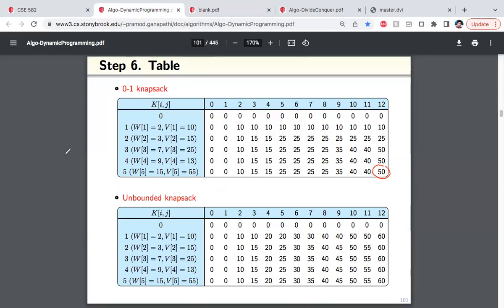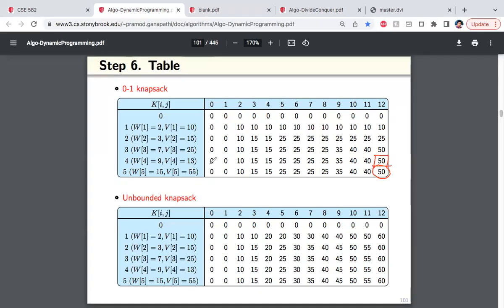For 0-1 knapsack, you take this cell or what? 12 minus 15, so what is 12 minus 15?